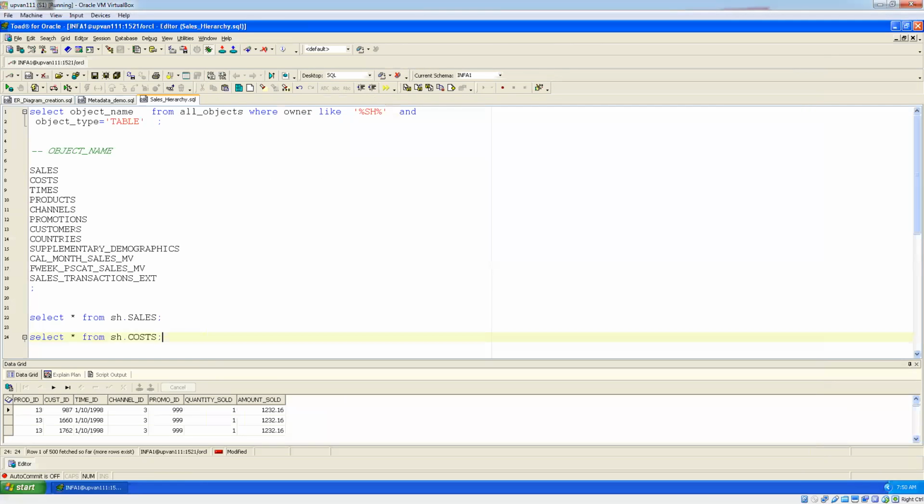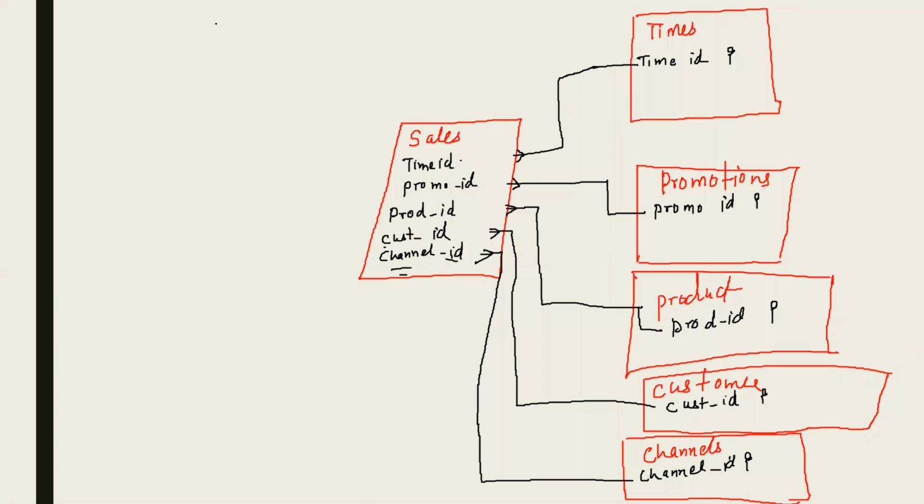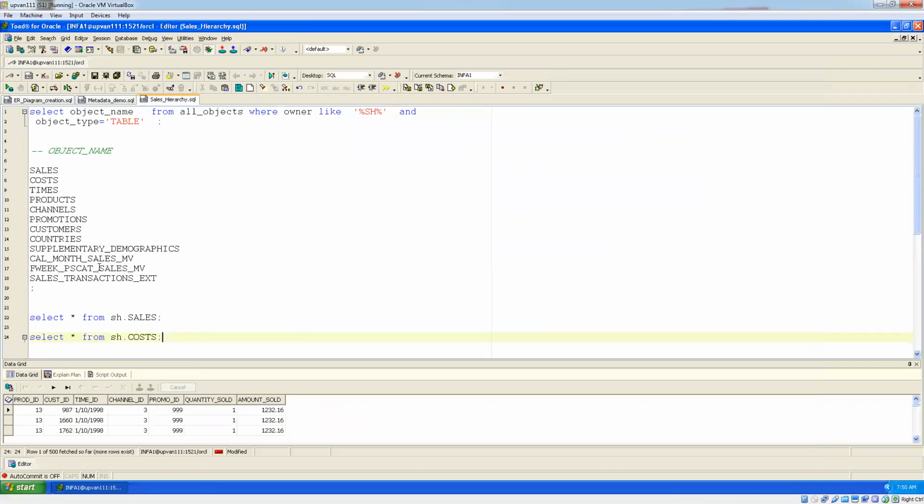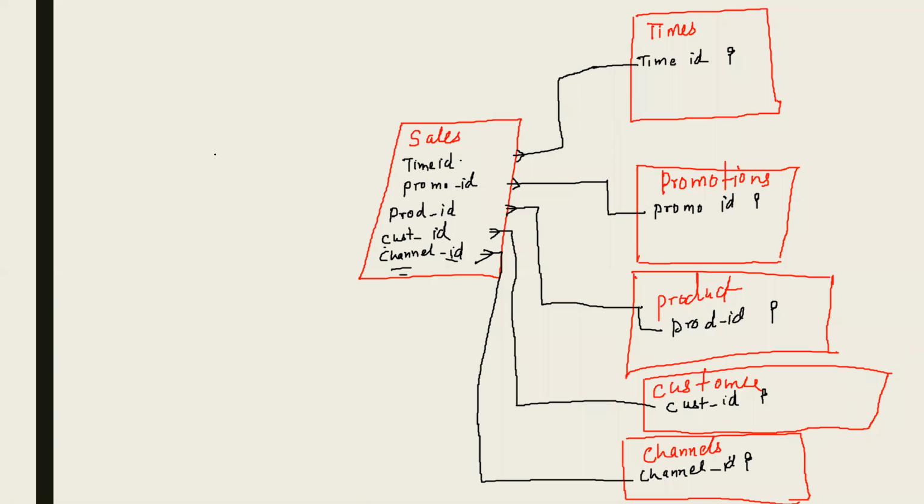Let's draw it. What was the name of the table? Costs, right?